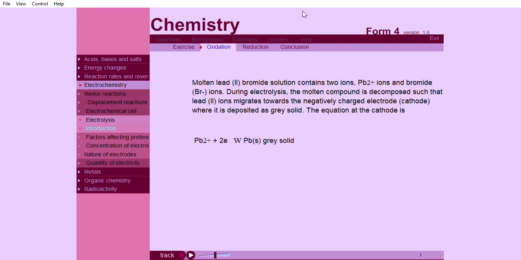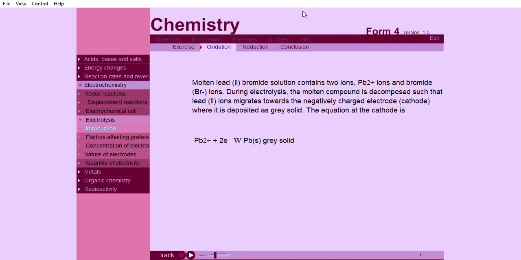Molten lead-2 bromide solution contains two ions, lead ions and bromide ions. During electrolysis, the molten compound is decomposed such that lead-2 ions migrate towards the negatively charged electrode or cathode, where it is deposited as grey solid.